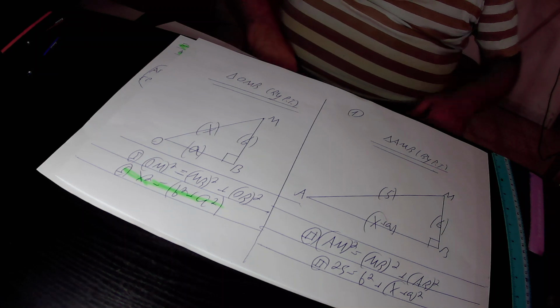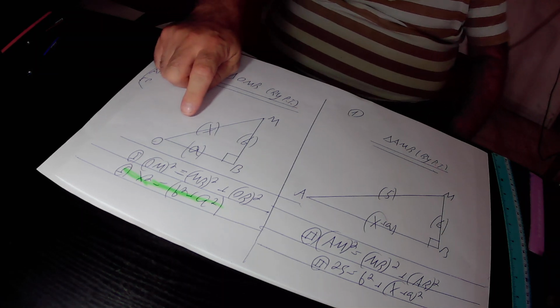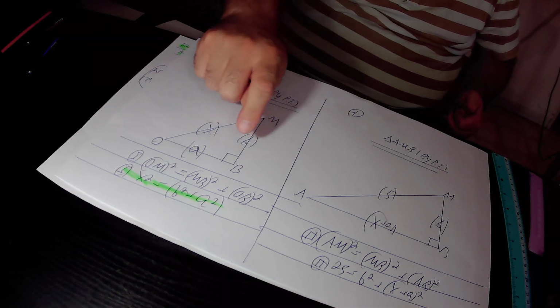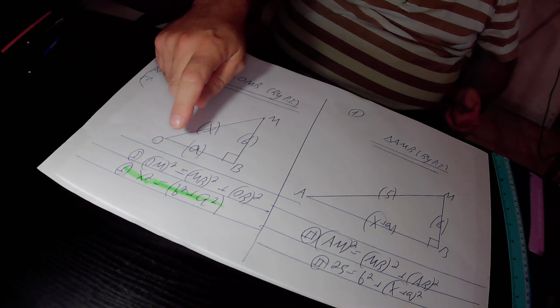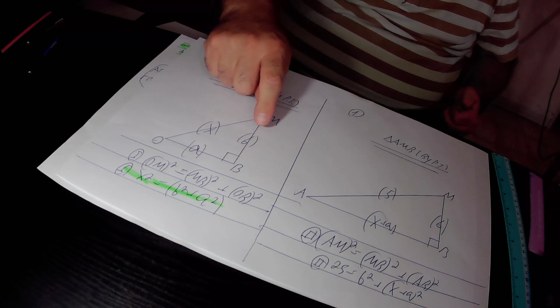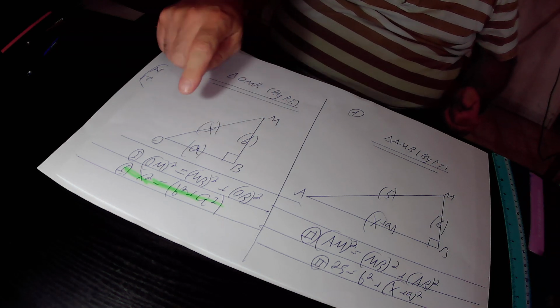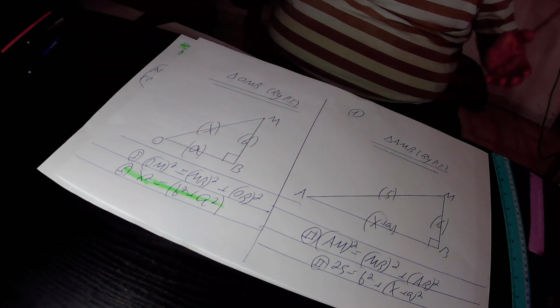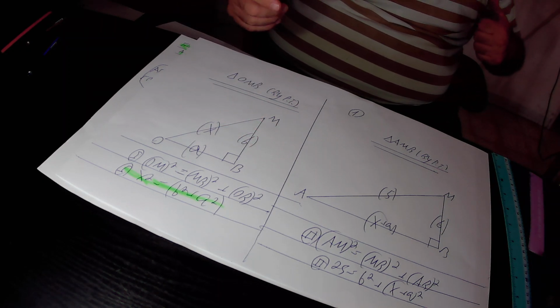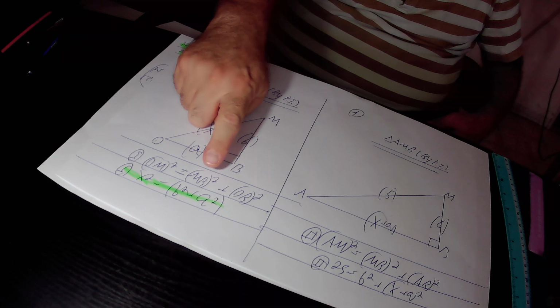In this right triangle OMB, MO squared, the square of the hypotenuse, equals MB squared plus BO squared. MO is x, therefore MO squared is x squared, and it equals MB squared. MB is B, therefore MB squared is B squared, plus BO squared. BO is A, therefore BO squared is A squared. So in total, according to the Pythagoras theorem, x squared equals B squared plus A squared.